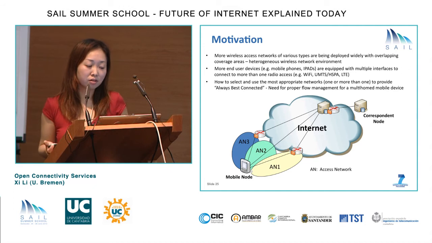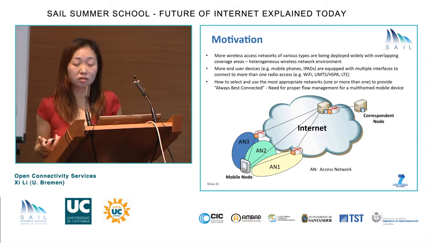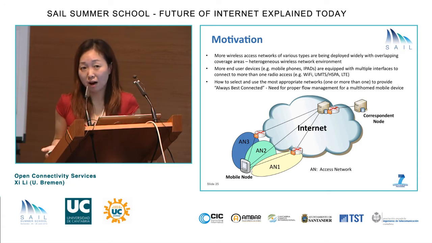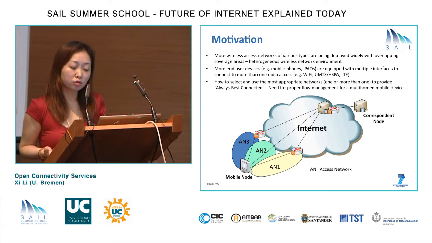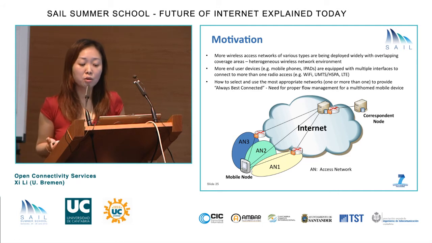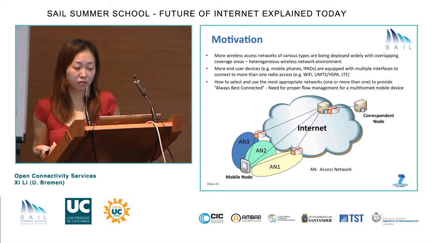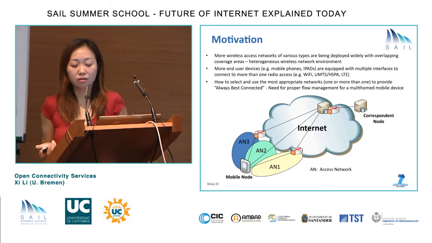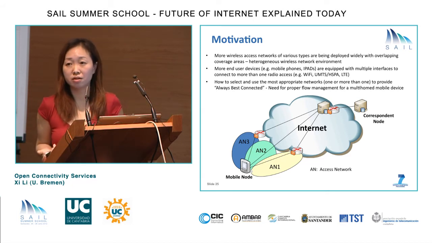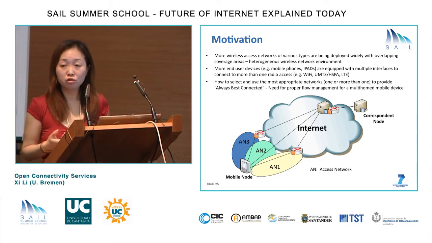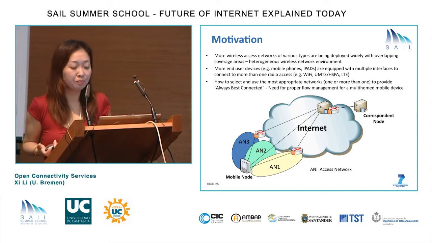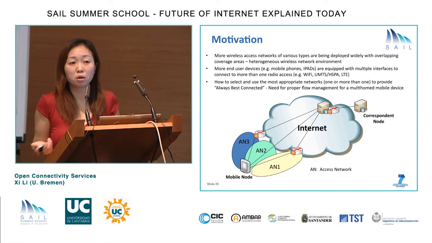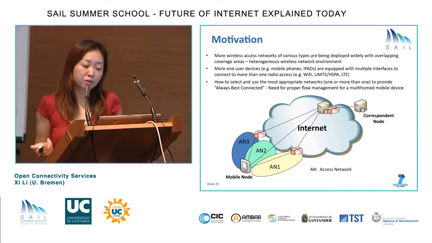On the other hand, there is fast development of the users' end devices. For example, nowadays smartphones or iPads are able to support multiple interfaces, which allows us to connect to more than one radio access technology and use them simultaneously. With such changes, we have the availability of a number of access networks and a number of interfaces per user device.